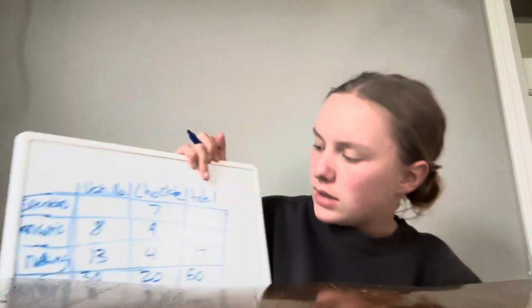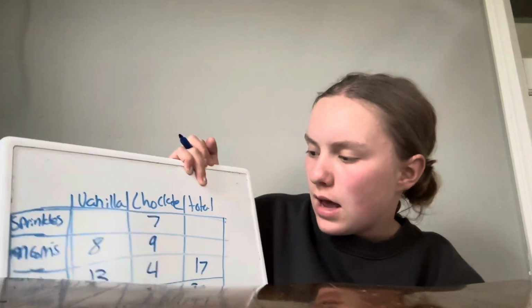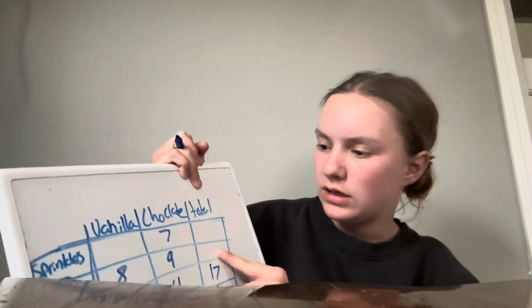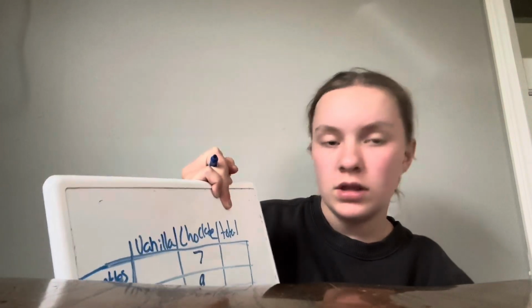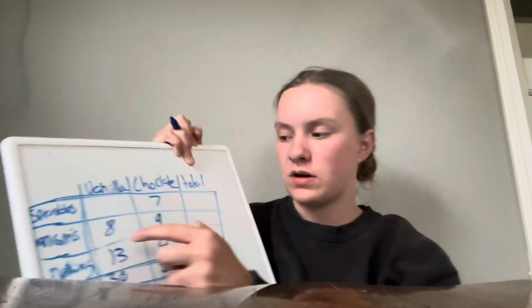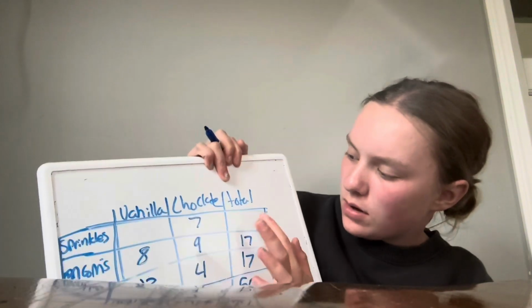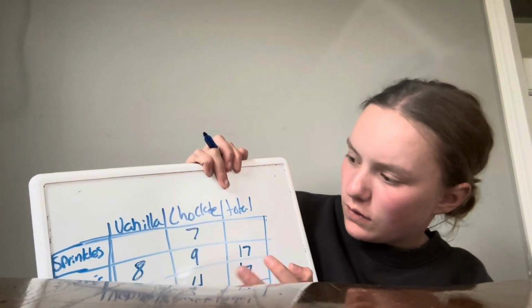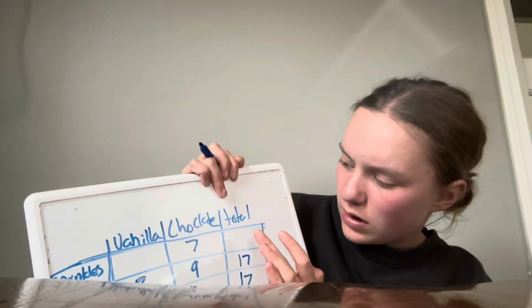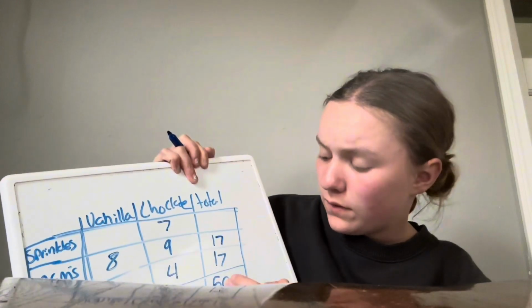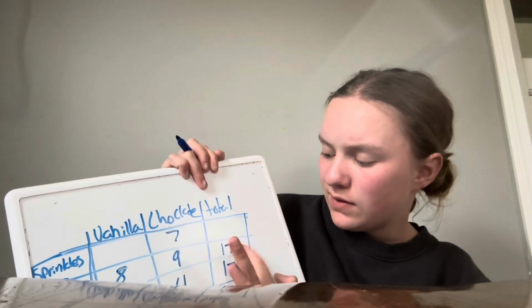That number is 13. Now we can figure out how many people in total like M&Ms with their vanilla ice cream and their chocolate ice cream. So we're going to do 8 plus 9, which is 17. And now to figure out the total of people who liked vanilla, chocolate, in total, we're going to do 50 minus 17.